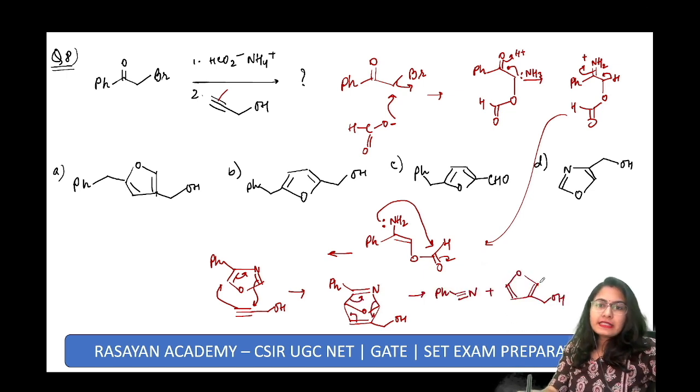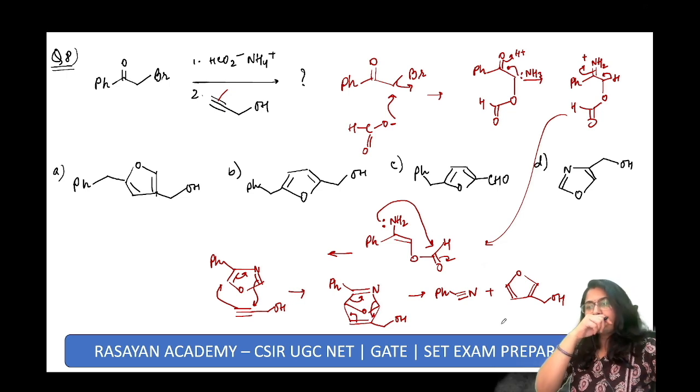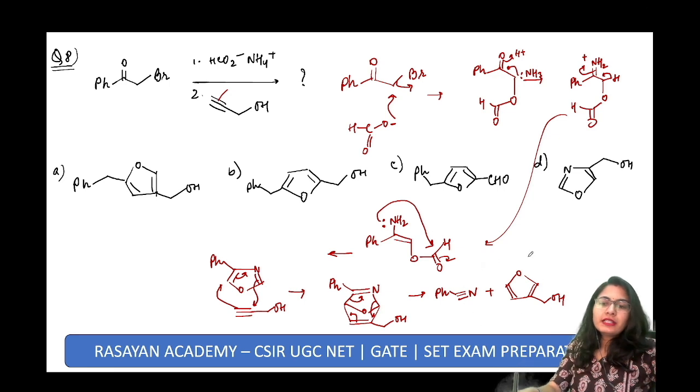So guys, this is the most stable possibility actually. Why? Because here the cyanide group is going to leave, which is the most stable form of a leaving group in a retro-Diels-Alder reaction.